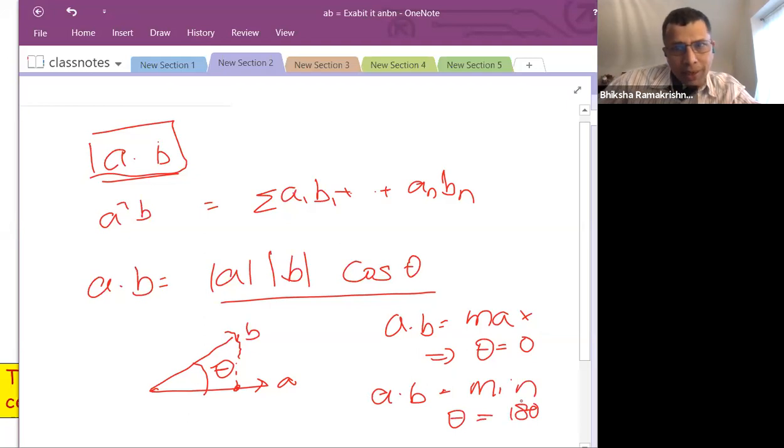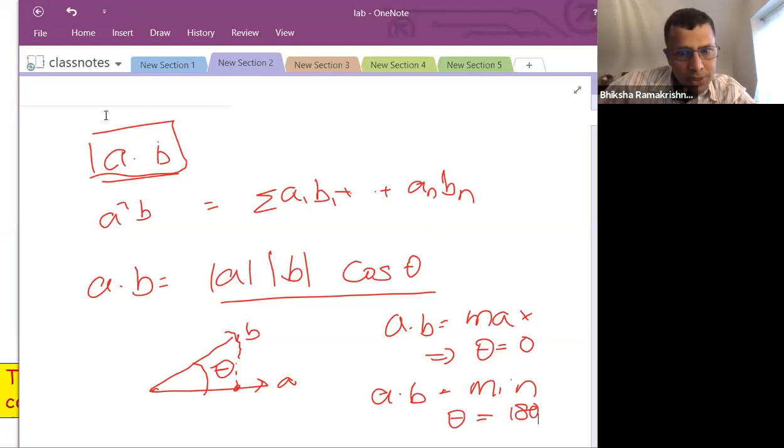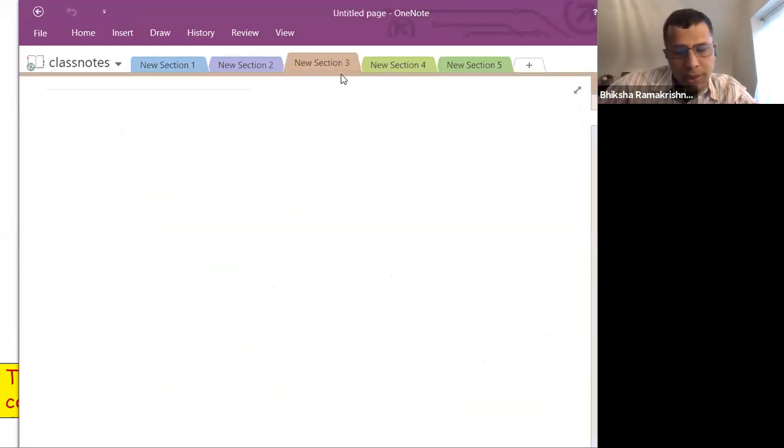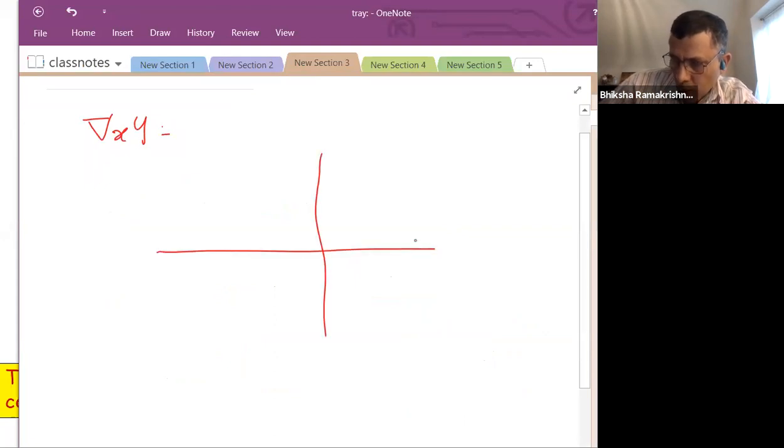Now go back here. Remember, my derivative is a vector. In my input space, x1 through xn are my components. At any location, my derivative is also going to be a vector in this space.